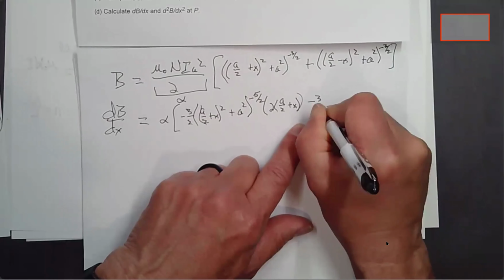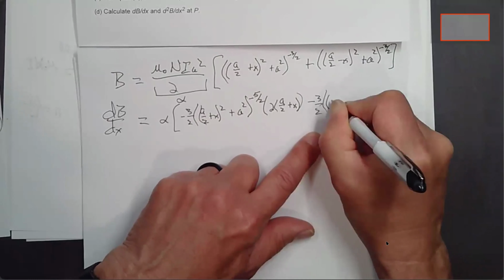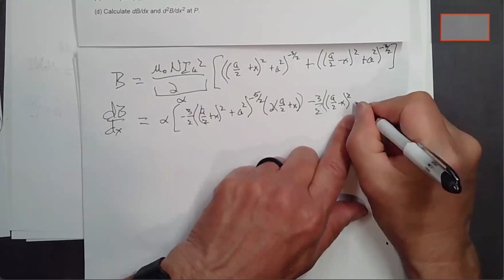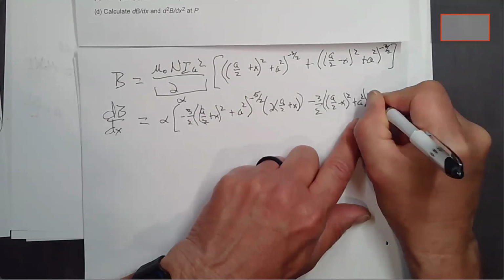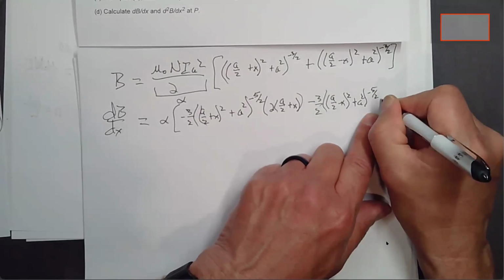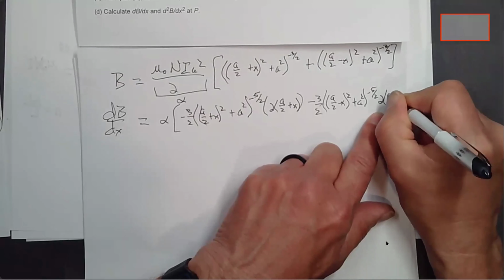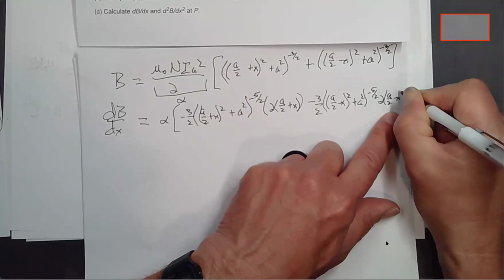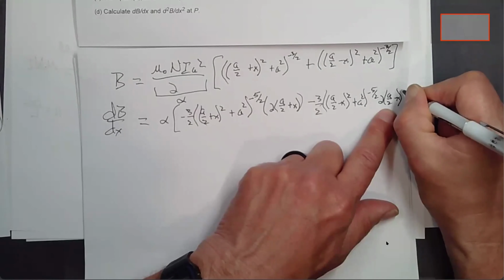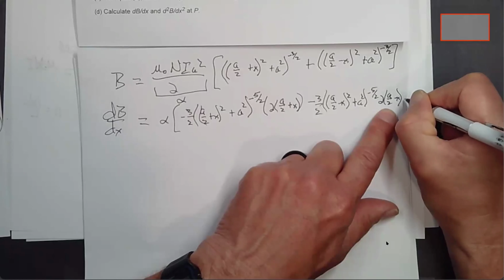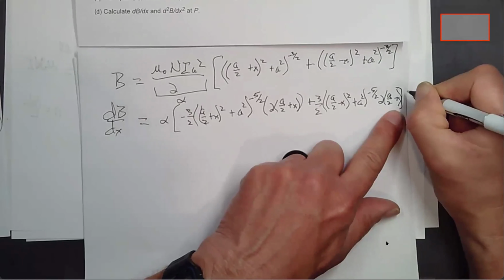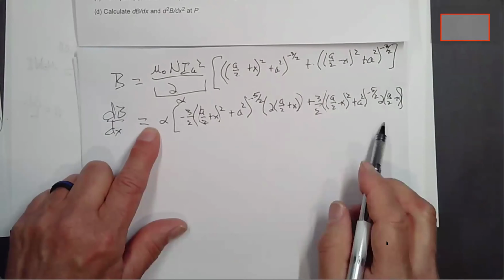I'll have minus 3 halves times A over 2 minus X quantity squared plus A squared to the minus 5 halves. And then the derivative of what's inside ends up being 2 times A over 2 minus X, except the derivative of that one is going to be minus 1 instead of just 1, which will change the sign on that thing. And then that's it. And then I've got the alpha out front.